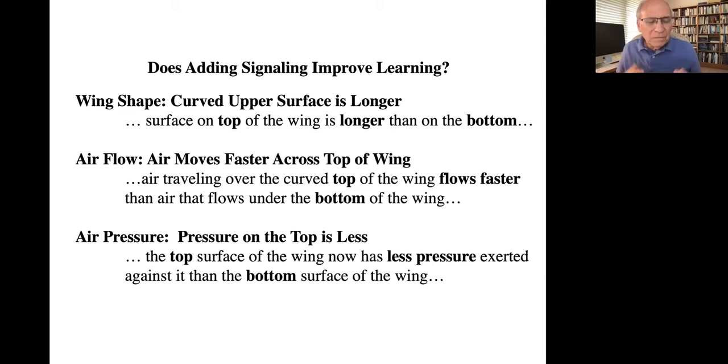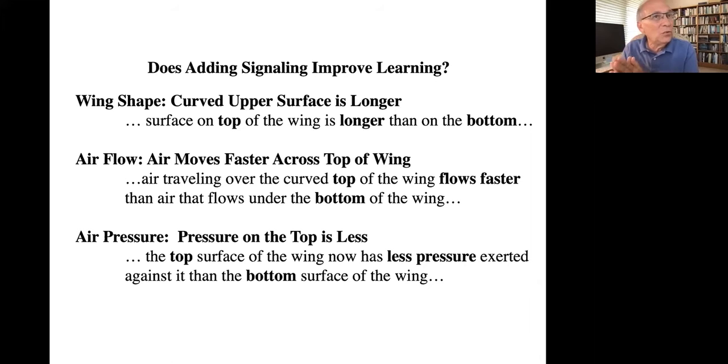The next big principle I want to talk about is signaling. This is also, if we can't take away the extraneous material, let's direct the learner to look at the key material. So signals or cues show the learner where to look.